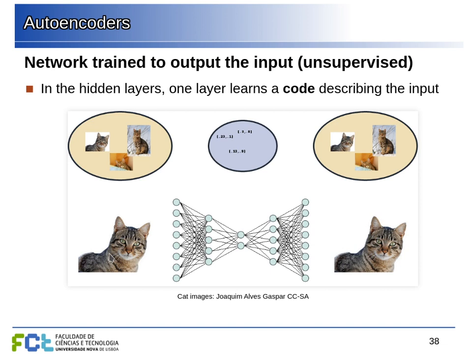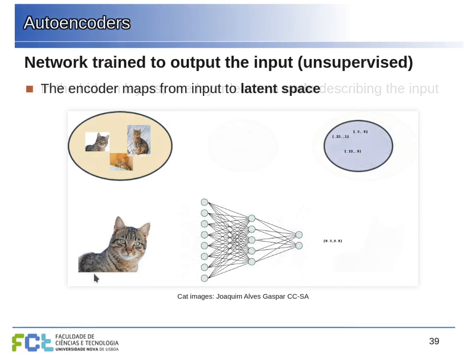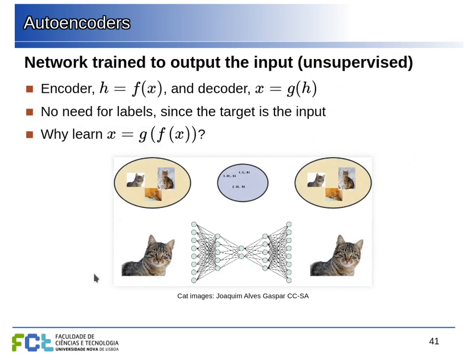Whatever the input is, it can be these cat images, for example, we just measure how different the output is from the input. And this may not seem very interesting, because we are just learning to do some transformation that brings us back to the original input. But what makes it interesting are these 2 transformations that we are composing here.